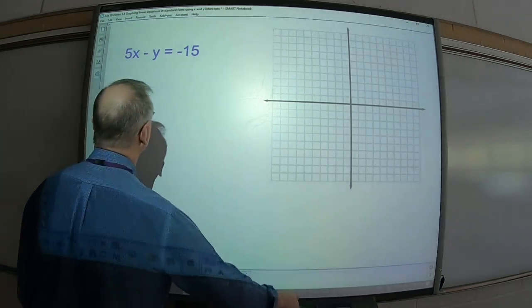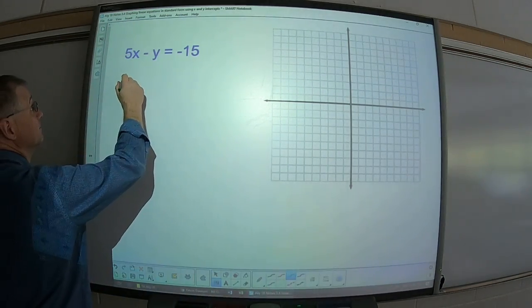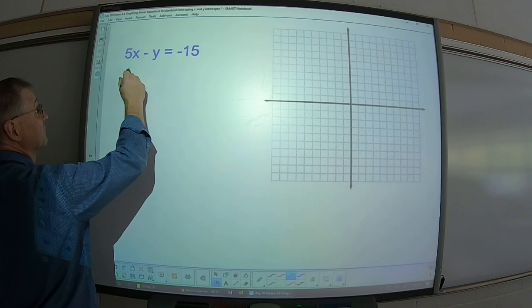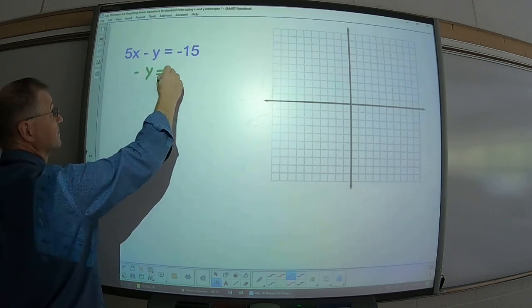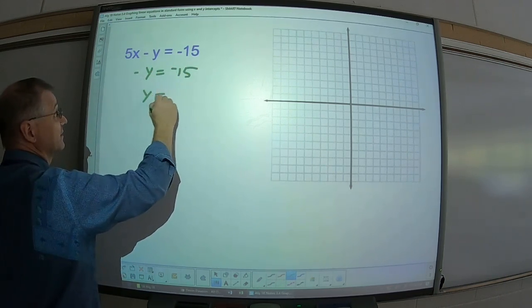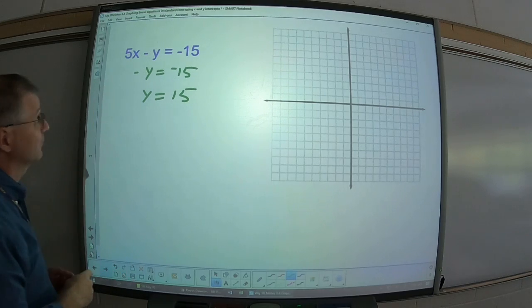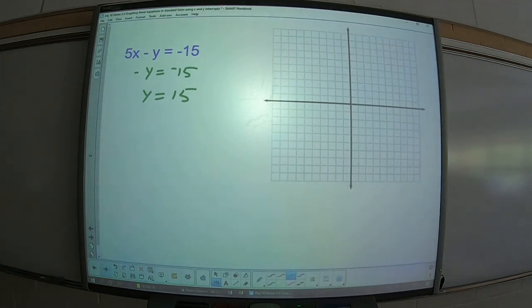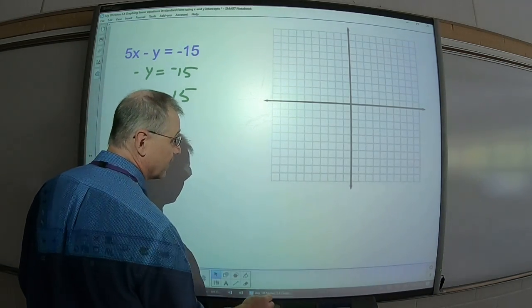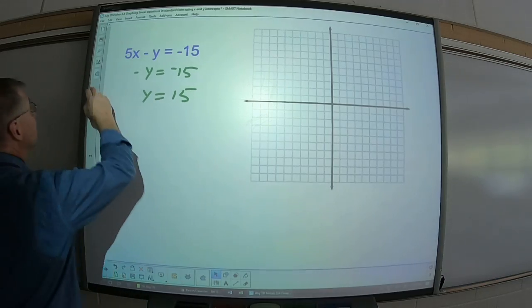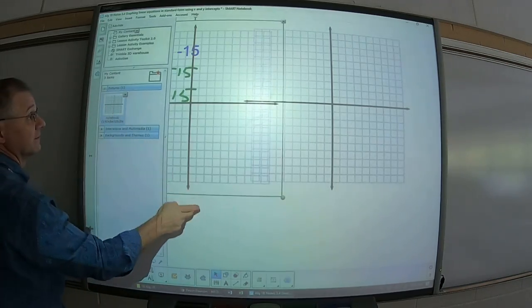All right, so now let's try this. 0 in for x, negative y equals negative 15, y equals 15. Boy, I didn't think that one out very well, because that goes way off my graph. Let's see, I think I could recreate that.